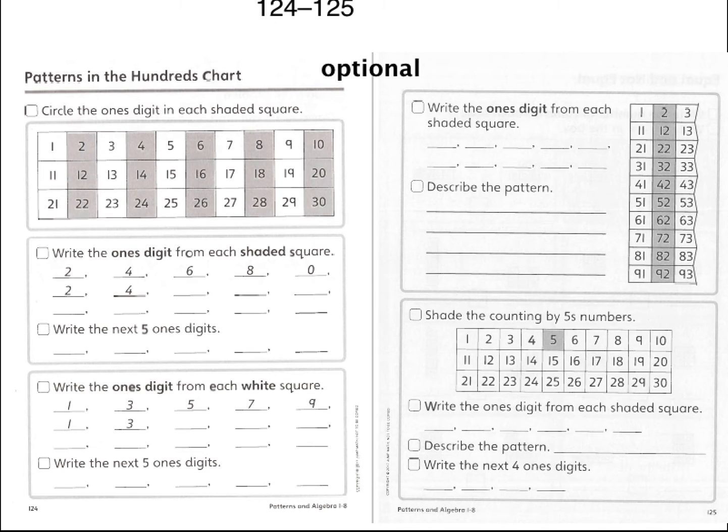So you have 2 pages in your book, which I'm going to say are optional because I don't really think it's going to help you find the pattern. It's just make work. You're supposed to find the pattern in counting by 2s. So you have to write the last number: 2, 4, 6, 8, 0.